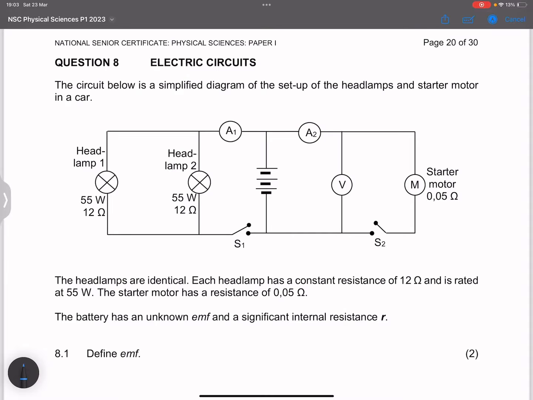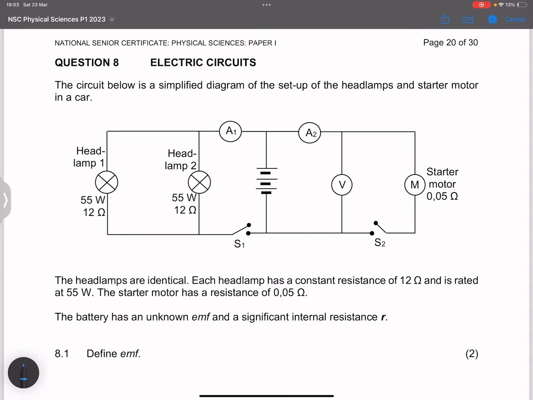They say switch S1 is kept open while switch S2 is closed. So S1 is open and S2 is closed. What will that do?